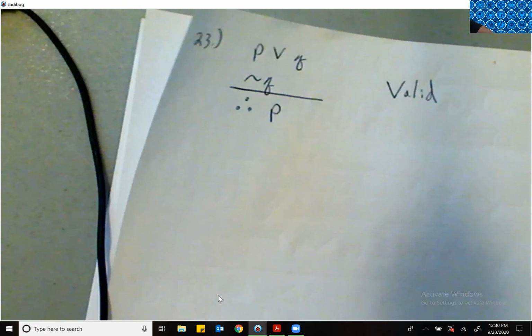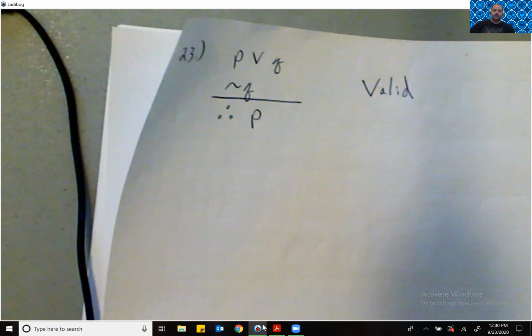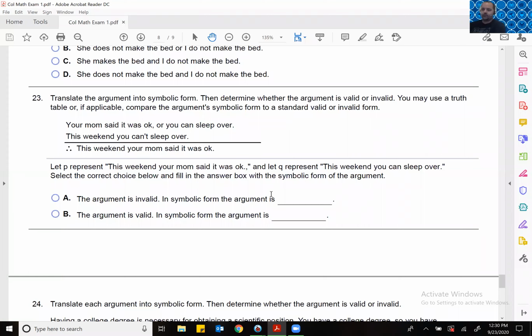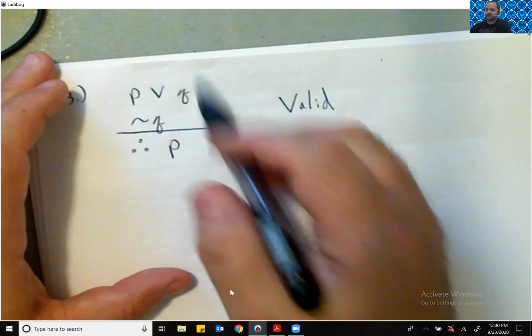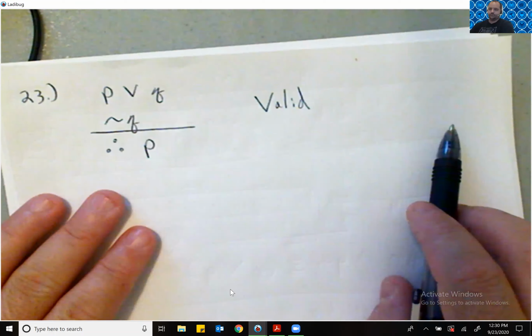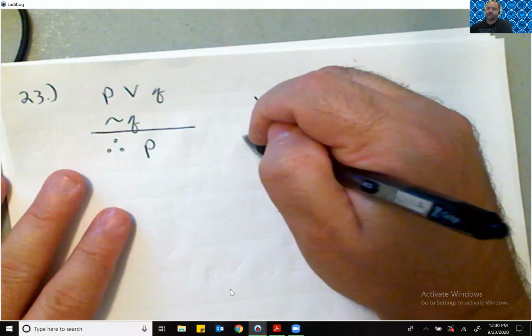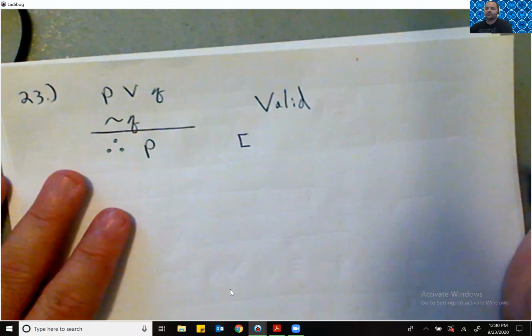And then once you have selected the valid answer, you need to write what we had written vertically in symbols horizontally. Okay? So you would come down here and select B. And then now we're going to write this in symbols. So when we write this in symbols, it will start with a bracket. And then what comes next?